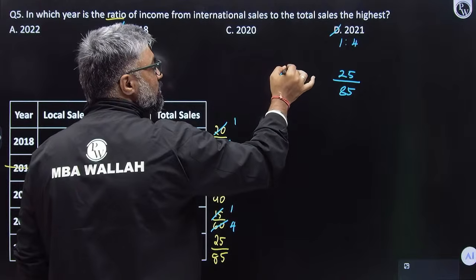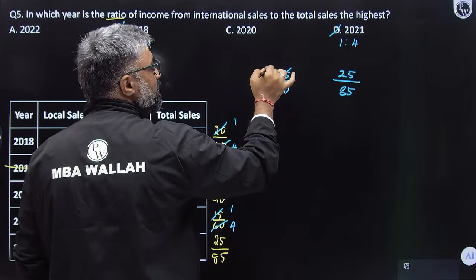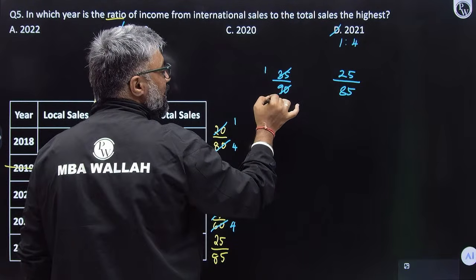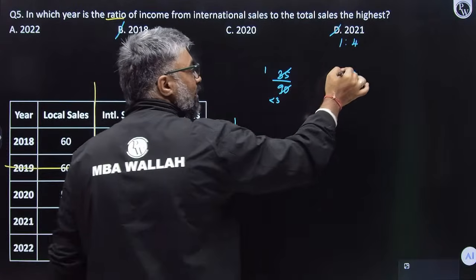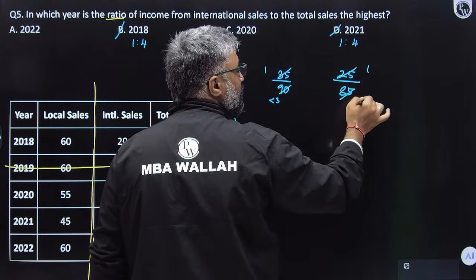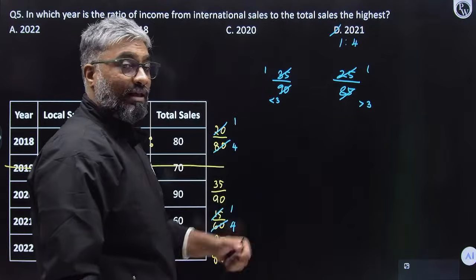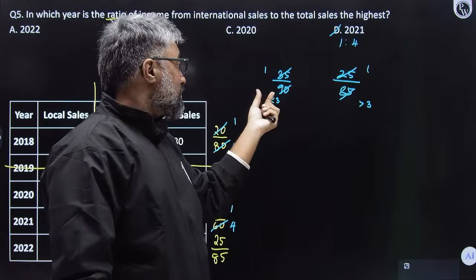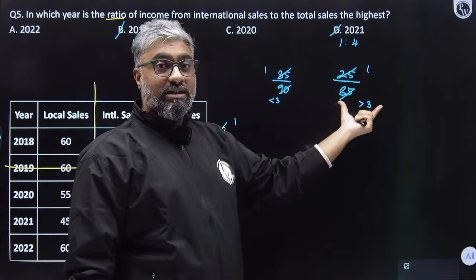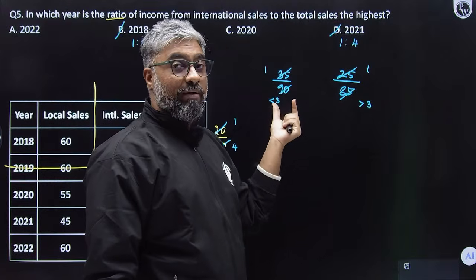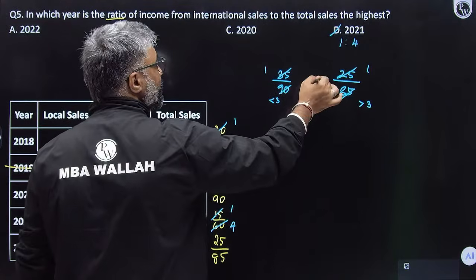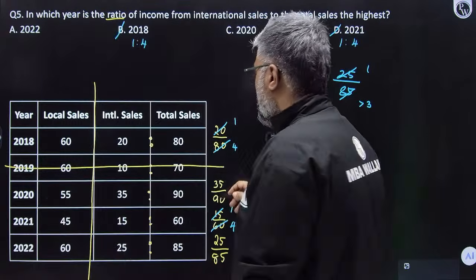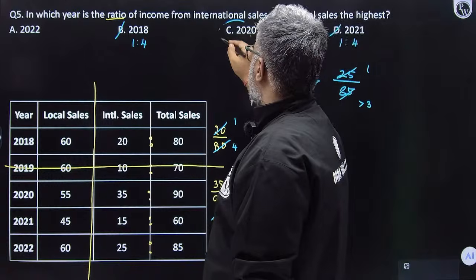So if I were to divide, this will be 1 by a value which is less than 3. This would be 1 by a value which is more than 3. Same numerators, smaller denominator will be greater, correct? So 35 by 90, which is 2020, is my answer, option C.